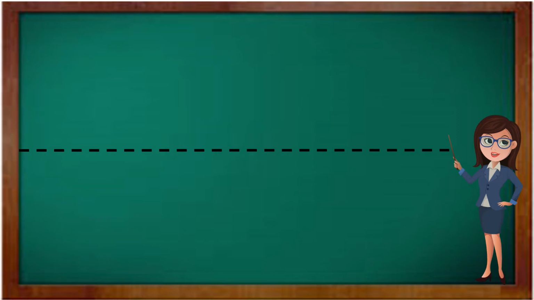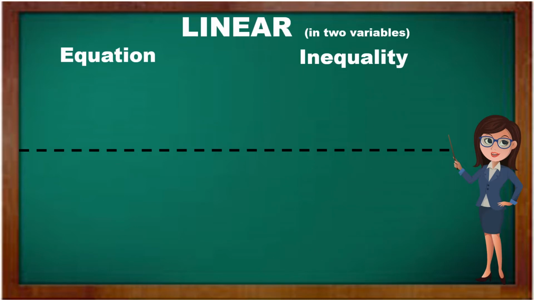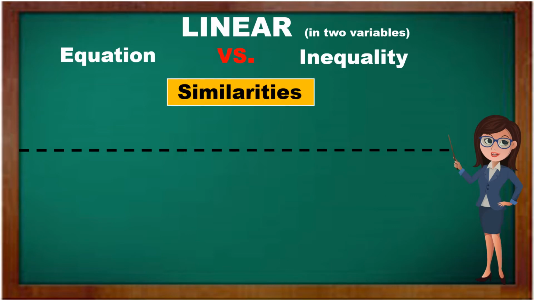But before diving into our main topic, let us recall first how a linear inequality differs from a linear equation in two variables. Let us discuss their similarities first. For illustration, we have an example of a linear equation, which is 2x plus y equals 0.